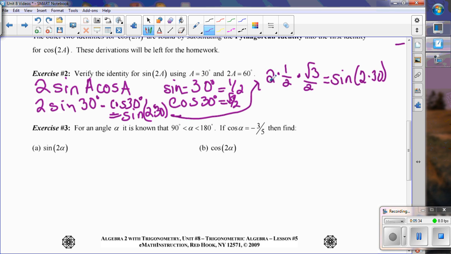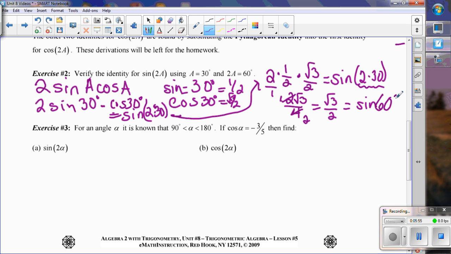When we multiply the top, this is technically over 1, we have 2 square roots of 3 over 4. We could simplify this down. We get the square root of 3 over 2, which is equal to the sine of, now let's do this multiplication, what's 2 times 30?